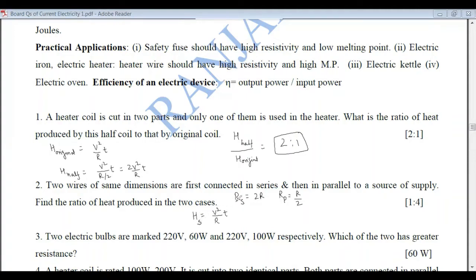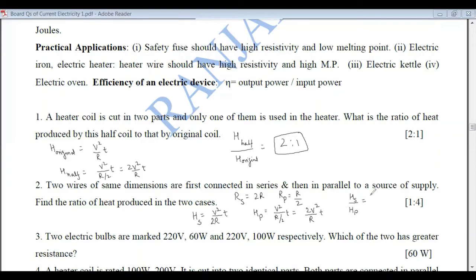When the two wires are connected in series, we know that the resistance is 2R. And when the two wires are connected in parallel, we know that it is V square upon R by 2 into T, that is 2V square upon R into T. Now let's find the ratio of heat produced in series to the heat produced when the two wires are connected in parallel.